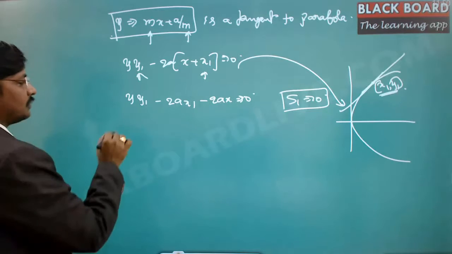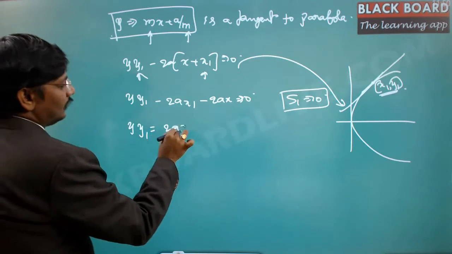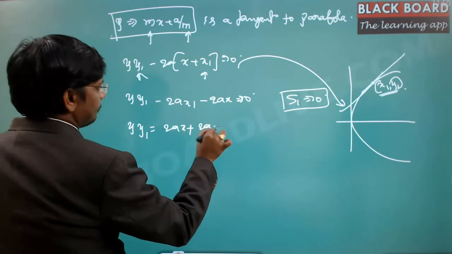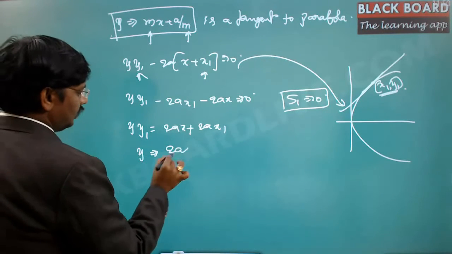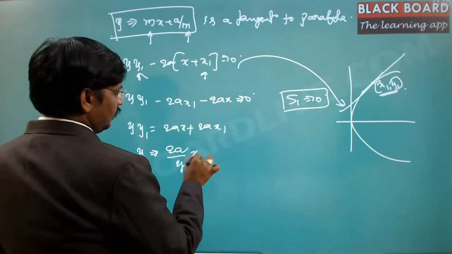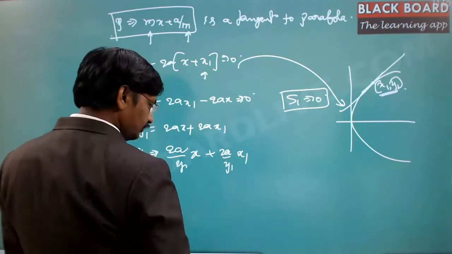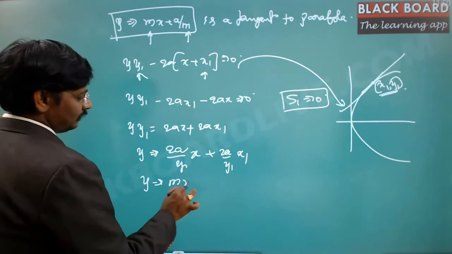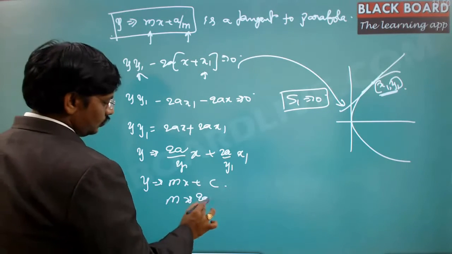Now this can be expressed as y1 is equal to 2ax plus 2ax1, or y can be expressed as 2a by y1 into x plus 2a by y1 into x1. So here this is in the form of y is equal to mx plus c, where m can be written as 2a by y1.